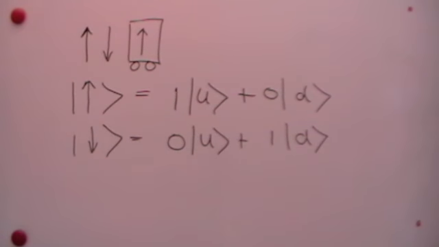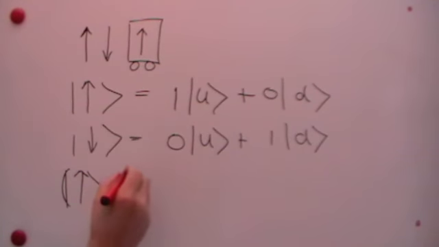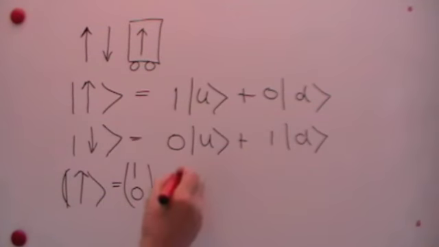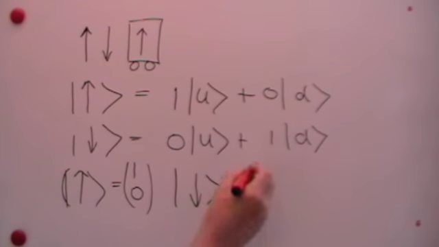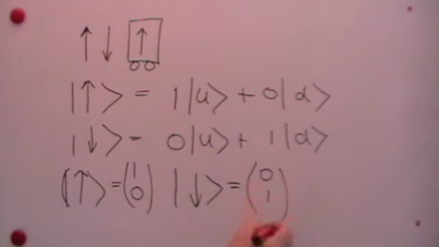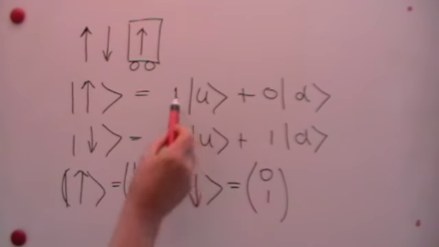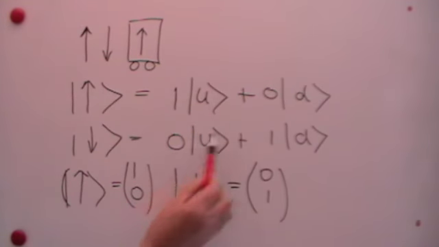And that means that my up state is essentially 1, 0, and my down state is in column vector terms 0, 1, because you simply take the probability amplitudes. Here it's 1, 0, and here it's 0, 1. And that is essentially my starting point.